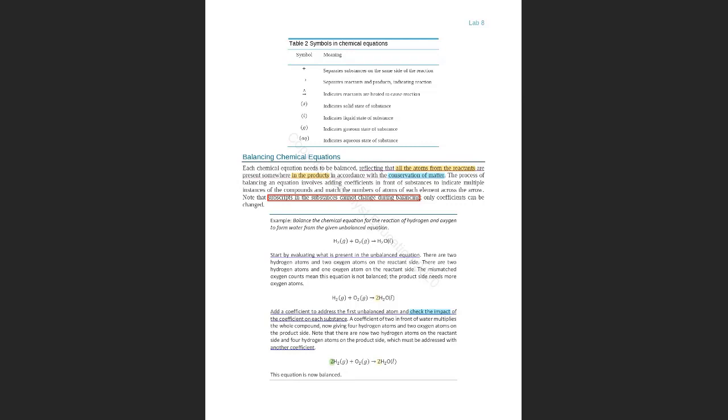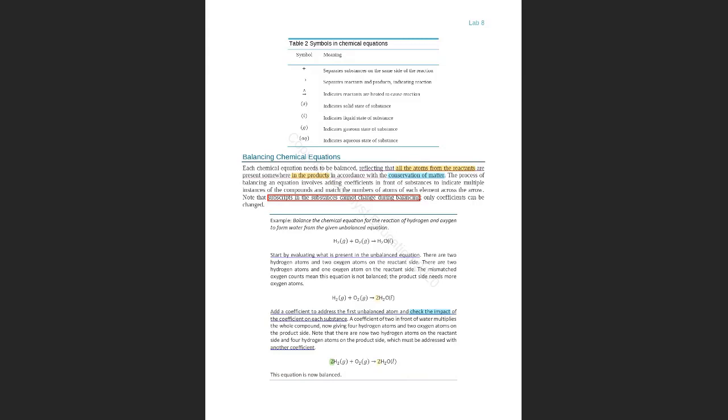the product side. So here, what are they teaching us? What are they saying? All the reactants are present somewhere in the products. So that's what we mentioned, and that is the law of conservation of matter. Now, how are we going to balance the equation?